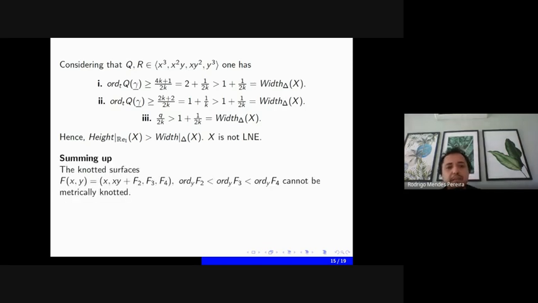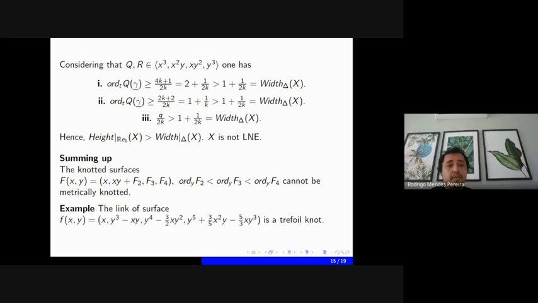To sum up, it means that a knotted surface cannot arise from this normal form x, xy plus f2, f3, f4. If the order is ordered in this way, it cannot be metrically knotted. Remember that you can take some knotted knot, for example, exactly like this example, right?